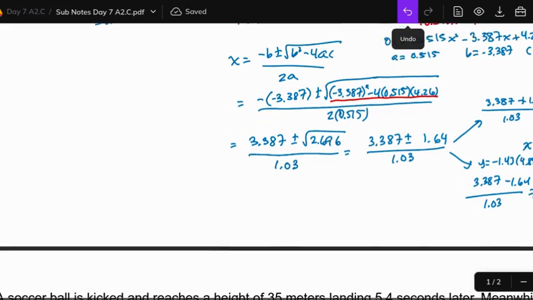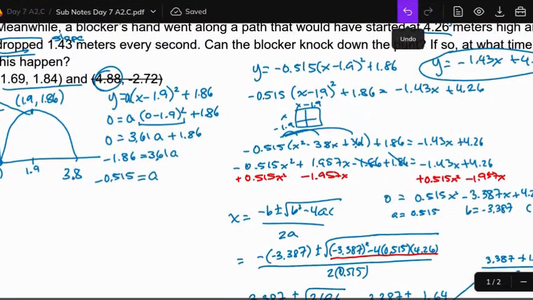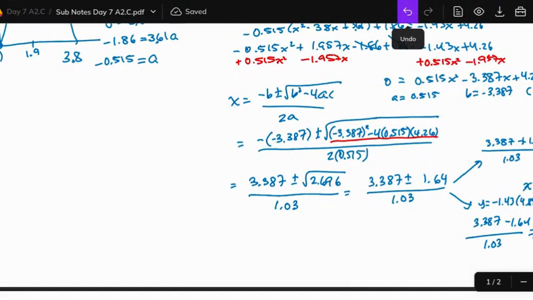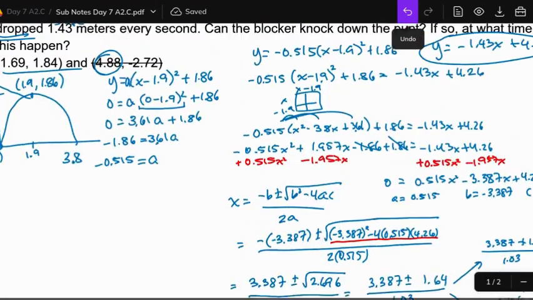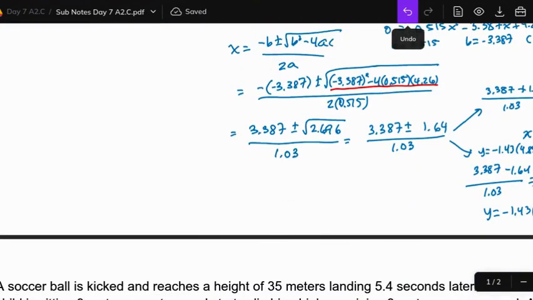When x is 4.88, we should be getting negative 2.72 for our y value. And then same idea with this one, y is equal to negative 1.43 times the x value 1.696 plus the 20, which gave me around 1.84.